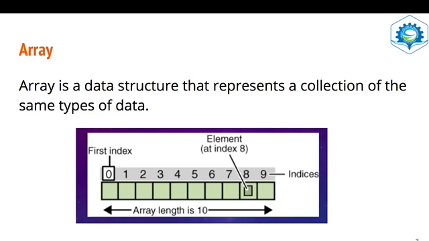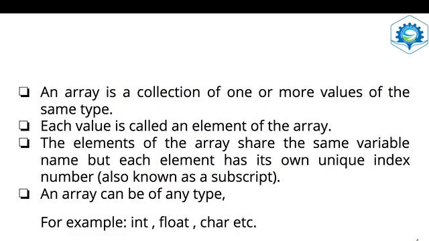Okay, so index or subscript is mainly used for accessing that particular item. So an array is a collection of one or more values of same type. Each value is called an element of the array, and the elements of the array share the same variable name, but each element has its own unique index number.